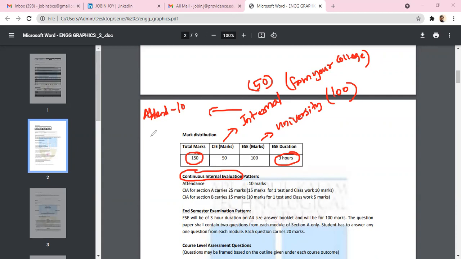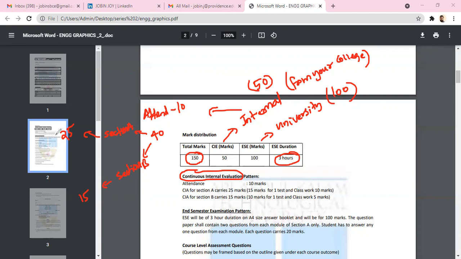Then the next 40 marks I will divide into section A and section B. Section A is 25 marks and section B is 15 marks, so total 40 marks.